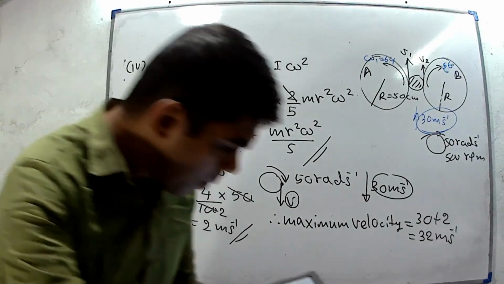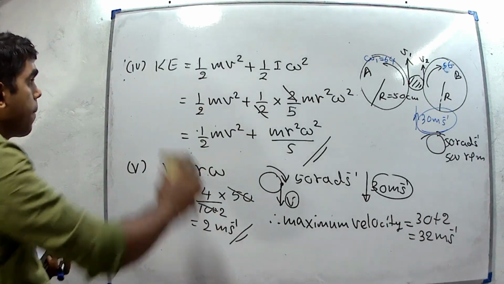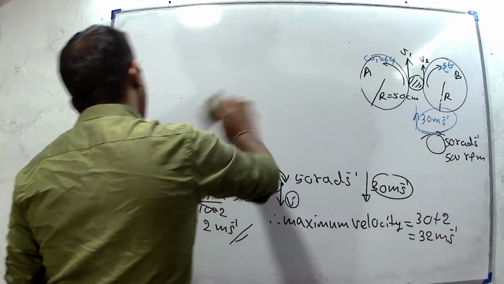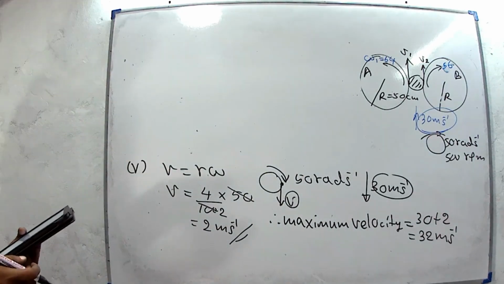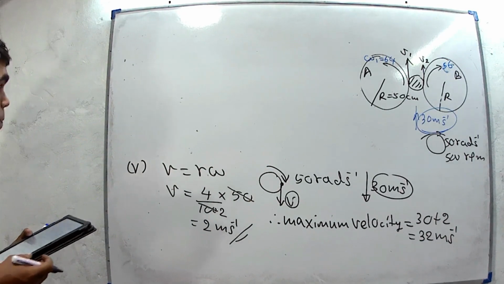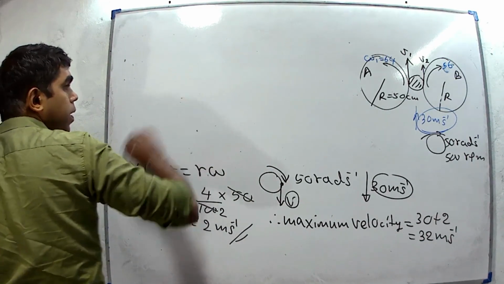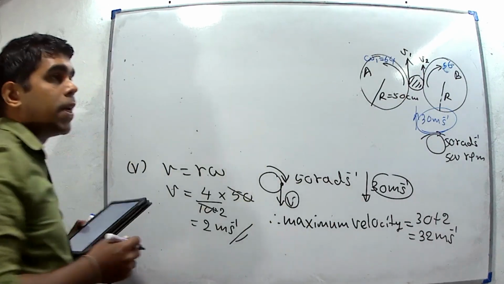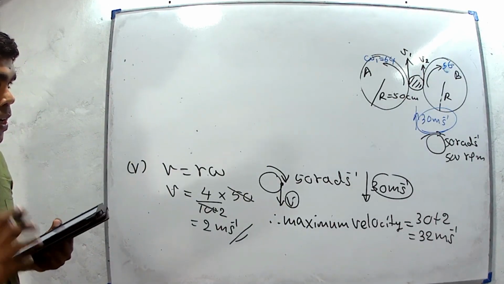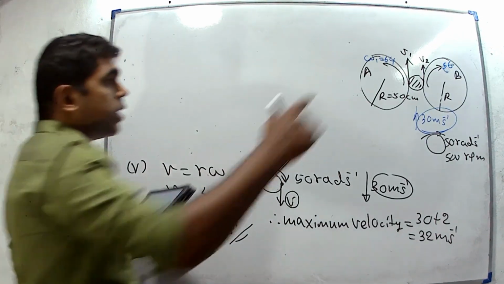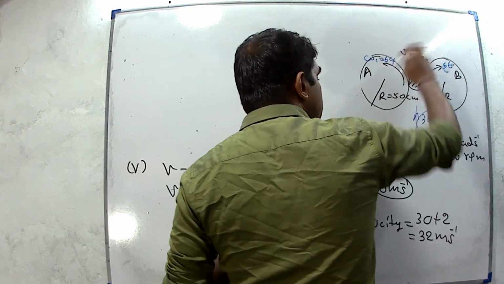When given a fast ball, it means the ball is not rotating. The tangential velocity of the ball should be 35 meters per second. It means this V1 value and V2 value should be 35 meters per second. It is not spinning. If there is a difference between these two velocities, the ball will rotate.